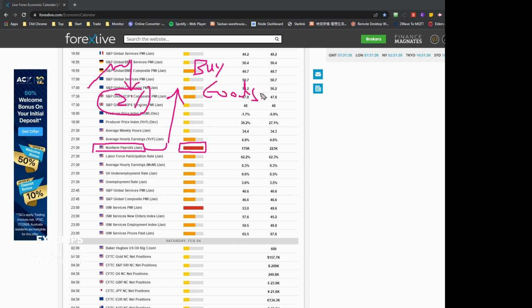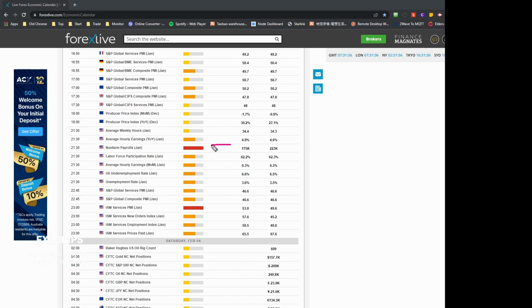Because of the demand, price goes up, and when price goes up, inflation doesn't want to come down so fast. Now, this figure to come out, what Powell wants is lower than this.